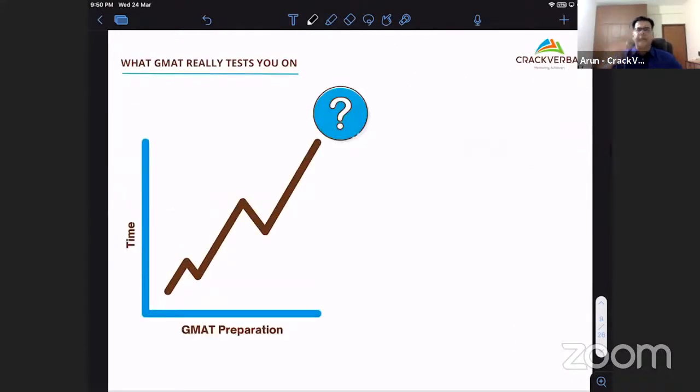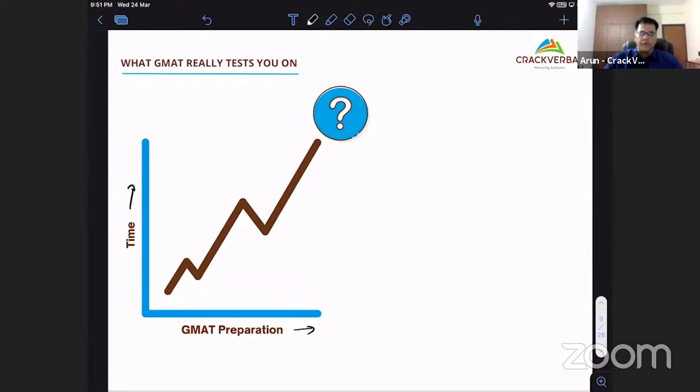And why I say this also is because you need to understand that GMAT prep is about being smart, right? GMAT prep is not like a relation between time and your score, right?